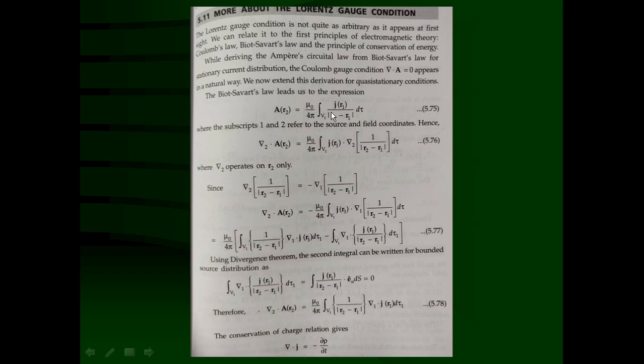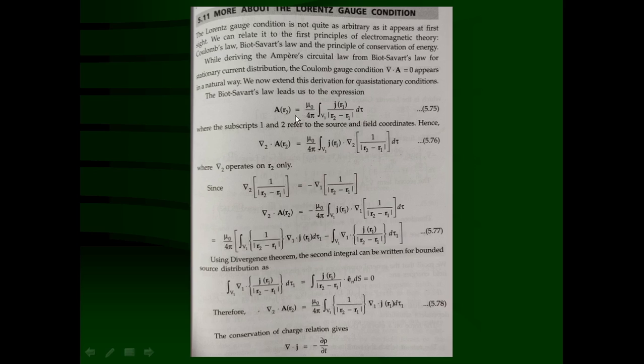So this is nothing but the modulus of R2 minus R1, the distance from each current element to the point R2 where you are obtaining the vector potential A of R2, d tau. So equation 5.75 is nothing but the Biot-Savart law.